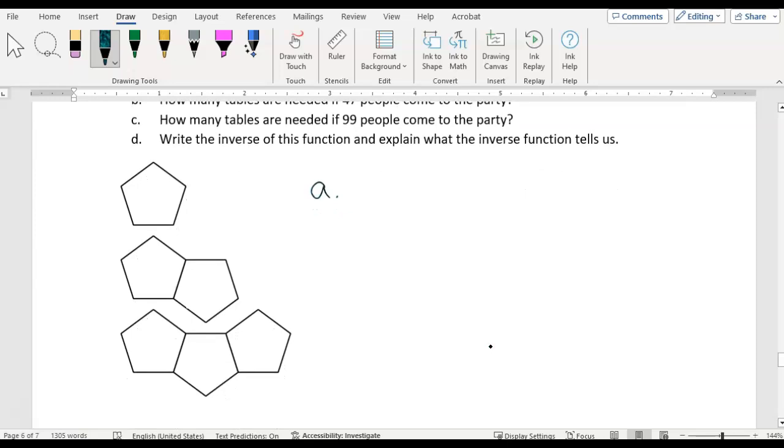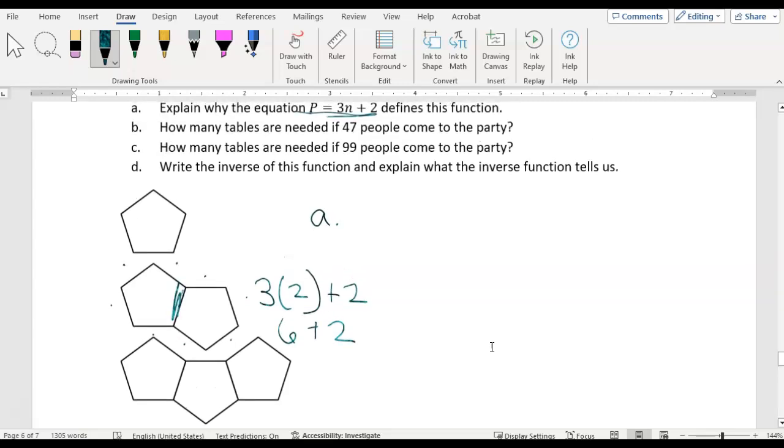The number of tables here is 2, so that would be 3 times 2 plus 2, 6 plus 2. And this is because we have 1, 2, 3, 4, 5, 6, 7, 8. So 8 people can sit there because here we lose 2 sides of our pentagon. We lose this side of the pentagon and we lose this side of the other pentagon. And so what is left is 8 seats.